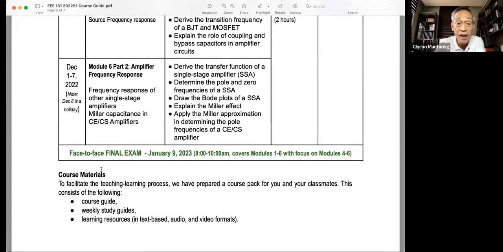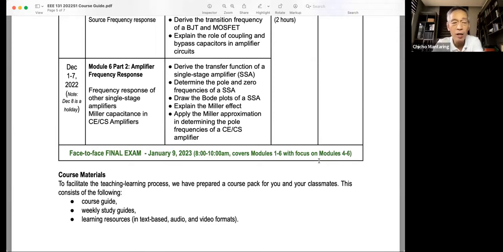After module 6 will be another face-to-face final exam. This time it's going to cover modules 1 to 6. So it's a final exam, a comprehensive exam. It will cover 1 to 6, but the focus will be on modules 4 to 6. The reason why we say it covers modules 1 to 6 is because the material builds on top of each other.